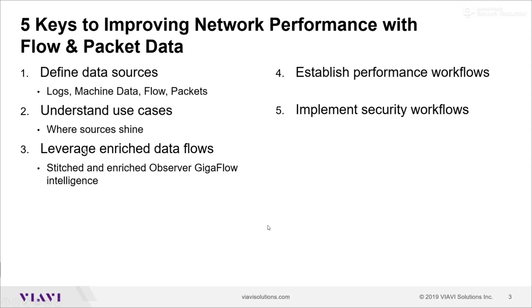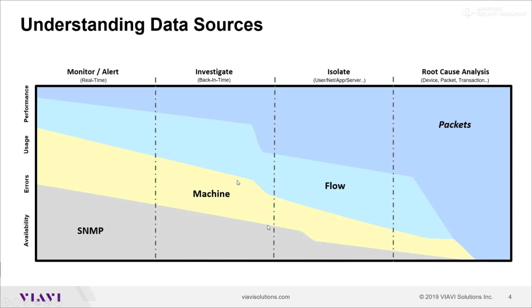When we look at the various data sources, what we want to understand is the role of each. We were talking about SNMP, polling data, machine data, and any sort of flow. Generically that would be sFlow, jFlow, VPC logs, the whole alphabet of what would subscribe to that kind of NetFlow syntax, down to packets, the actual bits and bytes that are traversing the wire.